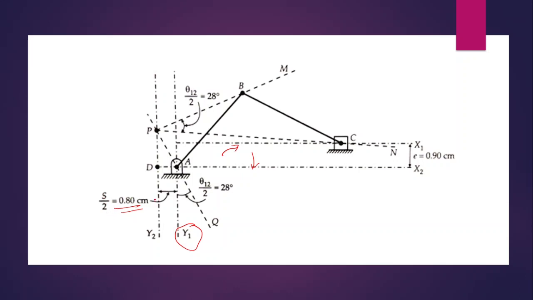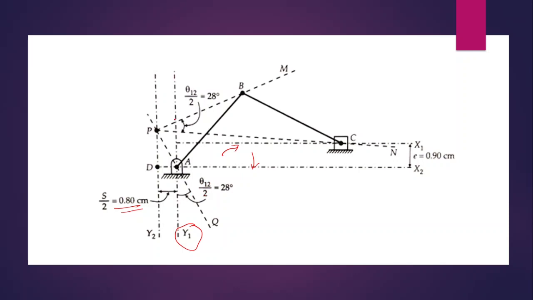Then in the next step, fourth step, we can draw a line PQ, which is inclined theta 1 2 divided by 2 with y1.